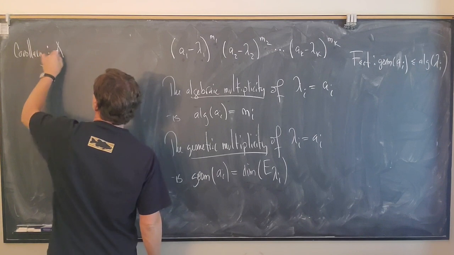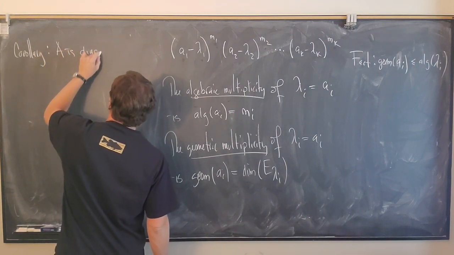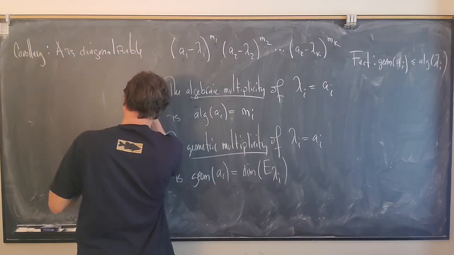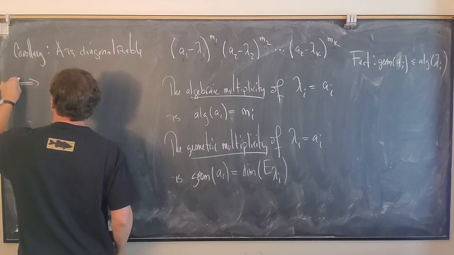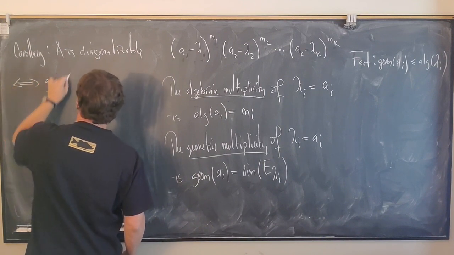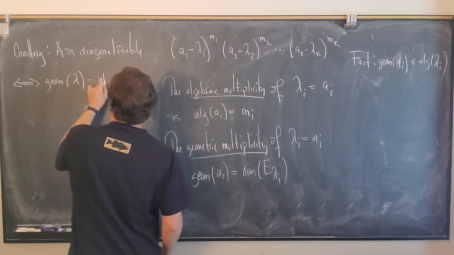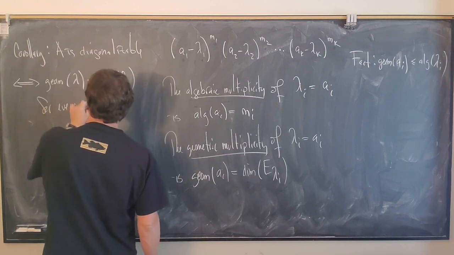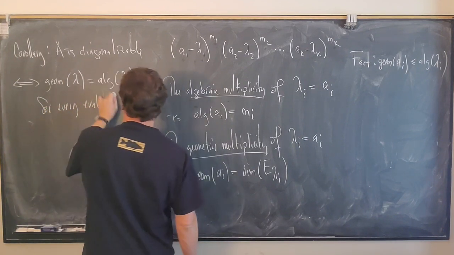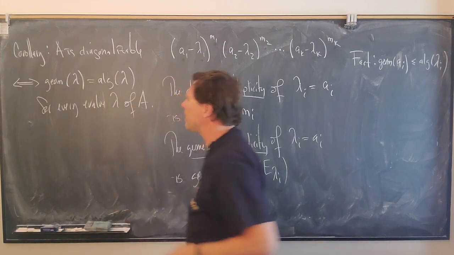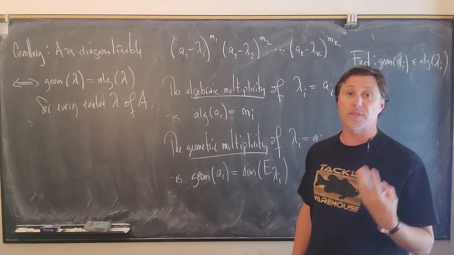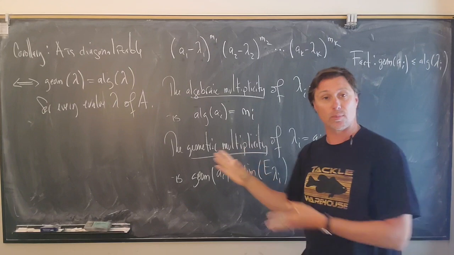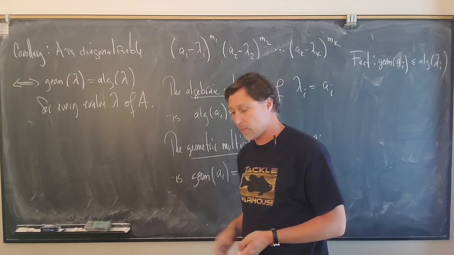A is diagonalizable if and only if the geometric multiplicity of lambda equals the algebraic multiplicity of lambda for every eigenvalue lambda of A. And this is really the way, when I'm working with diagonalizability, I think about it, or the way I remember it: geometric multiplicities have to equal algebraic multiplicities all the way down the line in order for a matrix to be diagonalizable.